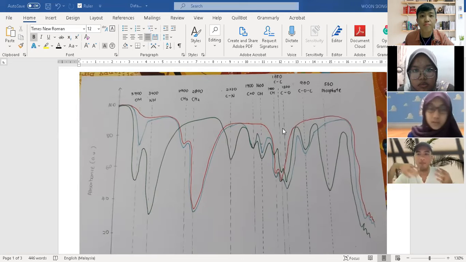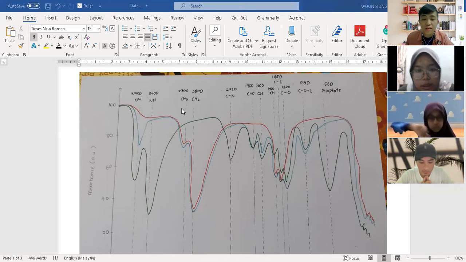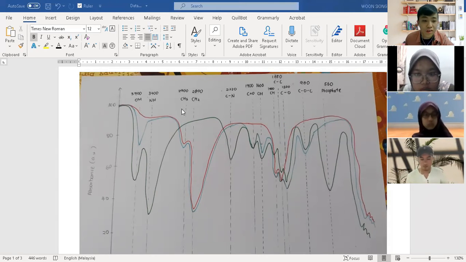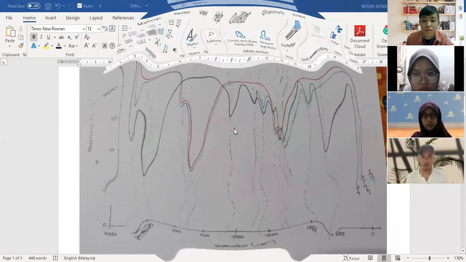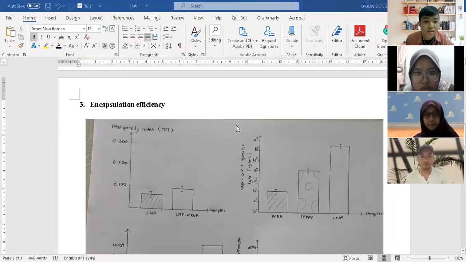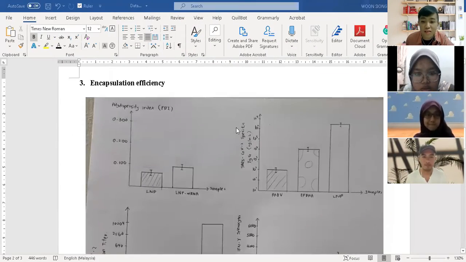They make bonds with the RNA, so they cannot absorb infrared. All right. Anyone want to add on about the FTIR? All right, so maybe we proceed with the next, which is the encapsulation efficiency, Imran and me. So Imran, okay, first.